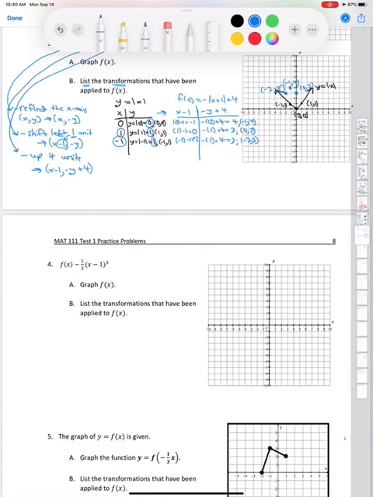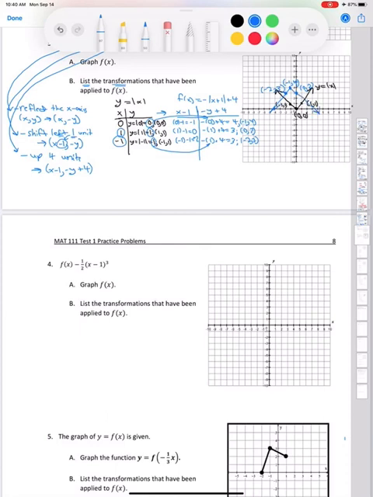So again, I'm taking these points and plugging them in over here to get to these new values. You see your x-coordinates plugged in, as I plug those in to get to the new x-coordinates. Now, as I connect these points, I have my graph up here. And you can see this graph's now turned upside down.